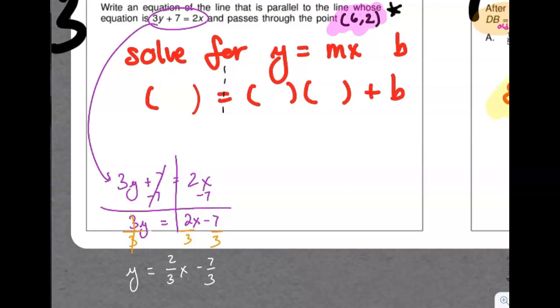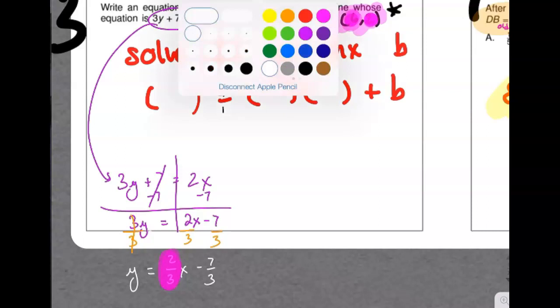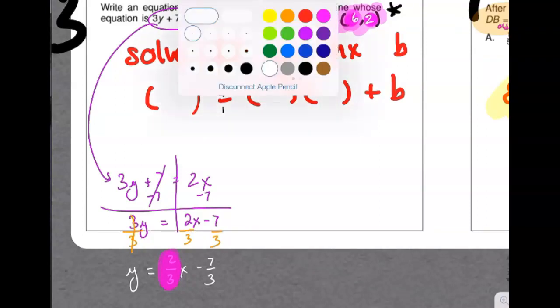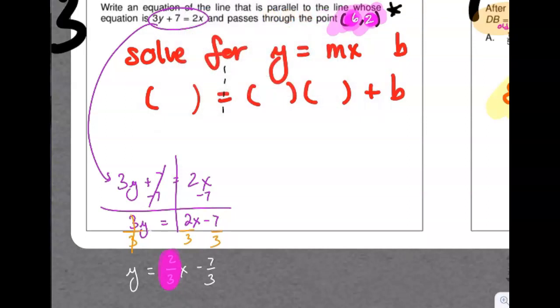But all I really wanted out of that was the slope, because I need an m, an x, and a y. Right? So I have the x and the y up here. So I have the m of 2/3, the x of 6, and the y of 2.